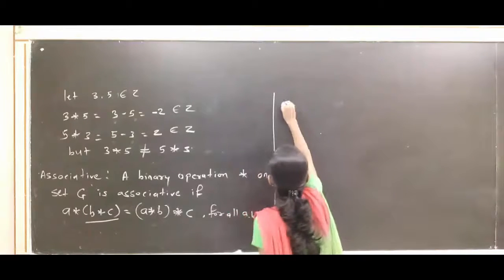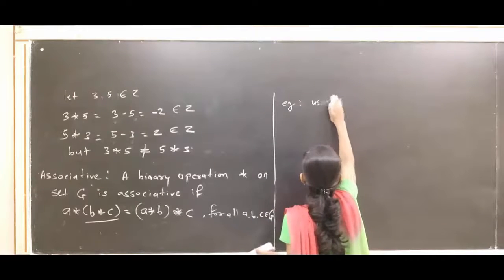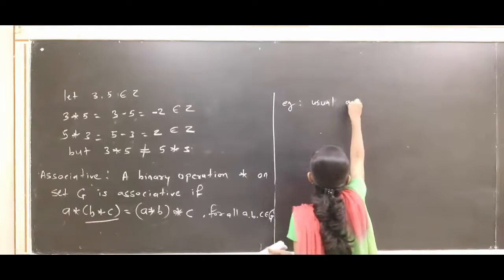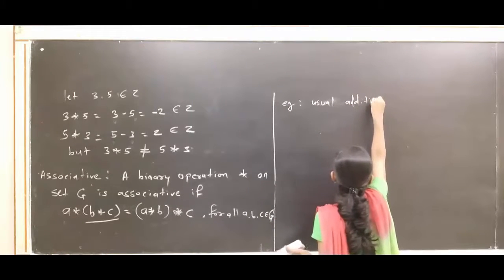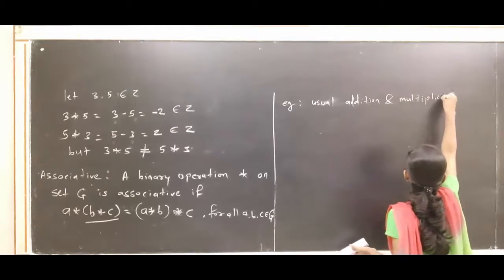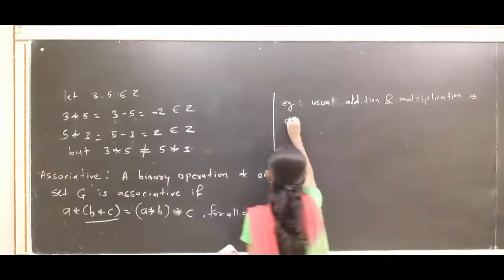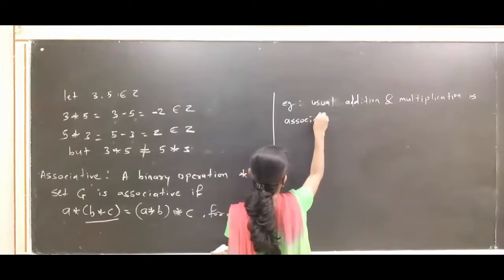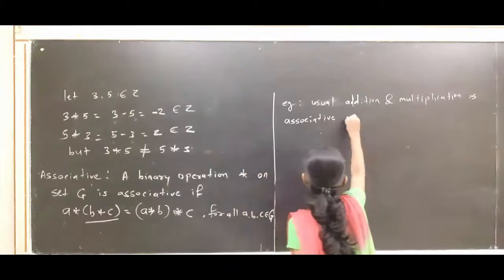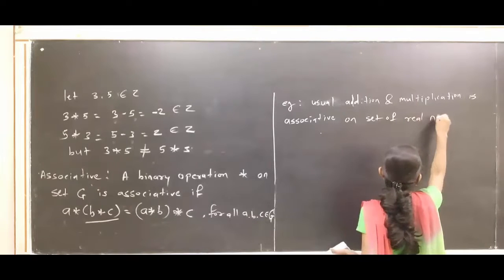So example, usual addition and multiplication is associative on set of real numbers.